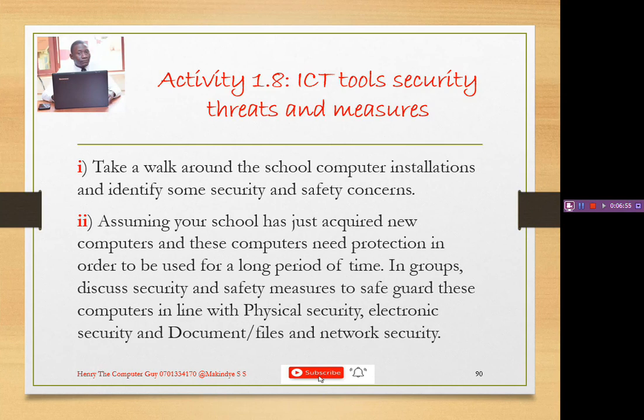So you're going to be looking into that in your groups. They are both new computers for the school. So you're going to look at how you can protect them through the physical, the electronic, the document, and the network security.